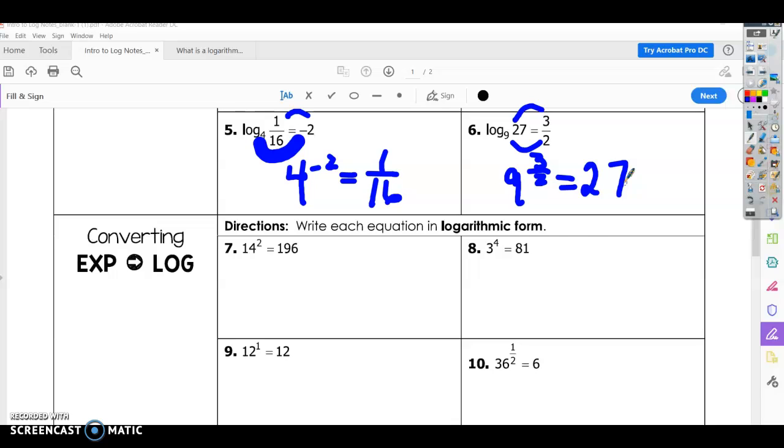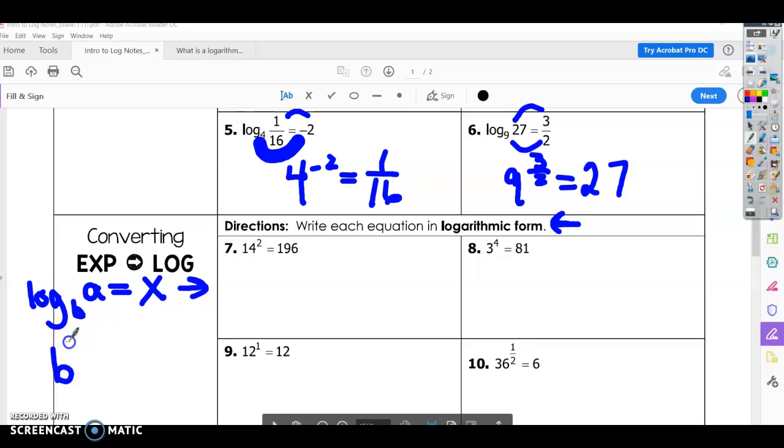All right, now we're going to go to logarithmic form. We're going to go in reverse. Looking back at the top of your notes, you had log base b of a equals x, and that means that b to the x equals a. So we just took this and converted it to this form.